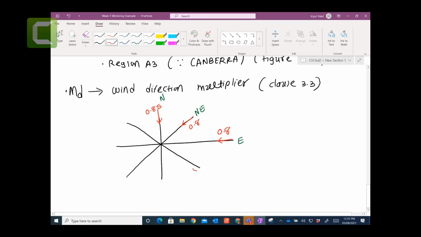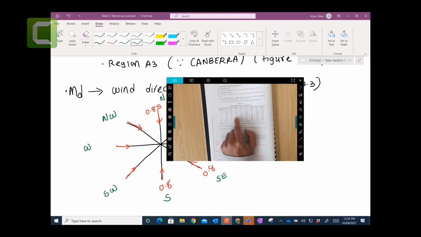Let me put all these arrows here so you can go through the details. This is west, this is northwest, this is southwest. So we just need to read from the tables.